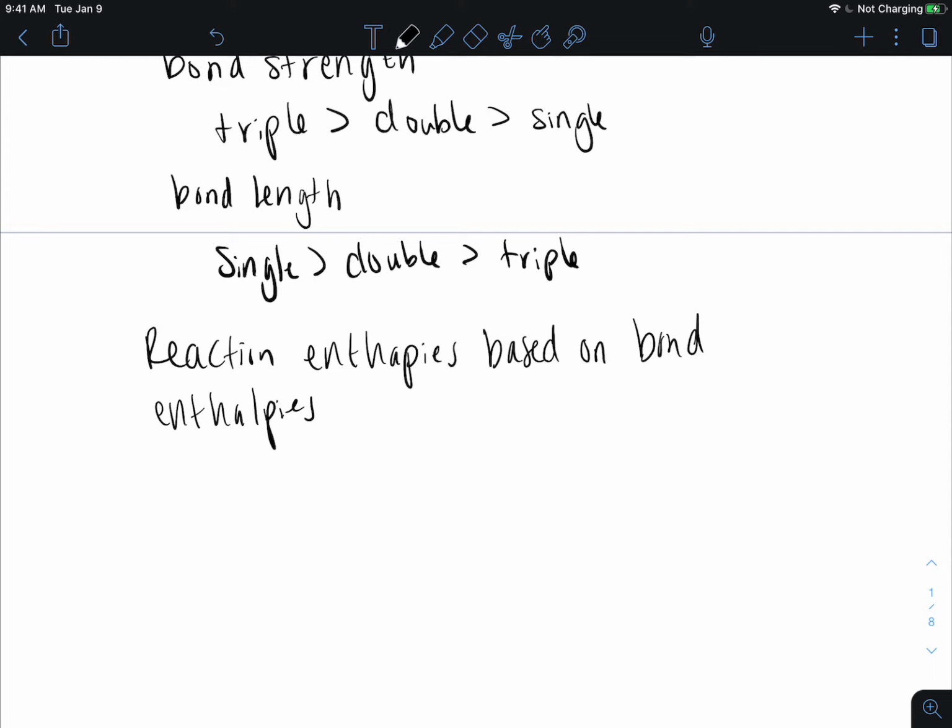Okay. So you're going to use a table of average bond enthalpies, and you're going to basically take the bond enthalpies for the bonds that are broken and subtract out the bond enthalpies for the bonds that are formed.